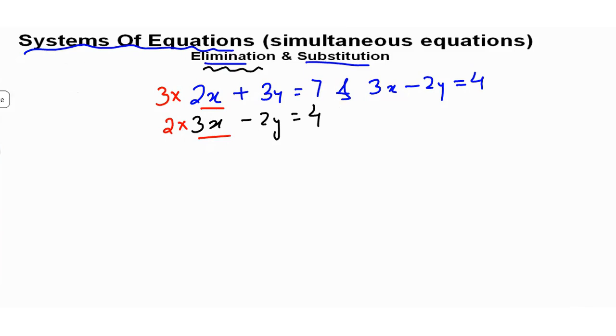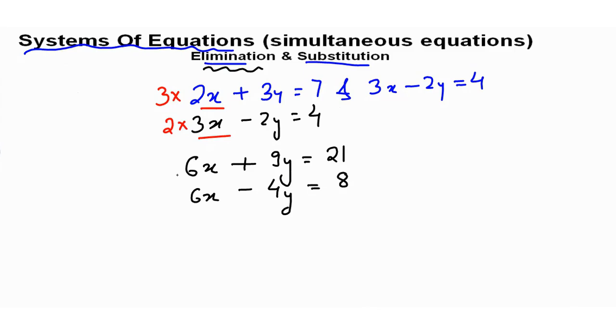So what we are going to do is multiply this number through all of these terms. So it would be 6x plus 9y equals 21 and 6x minus 4y equals 8.